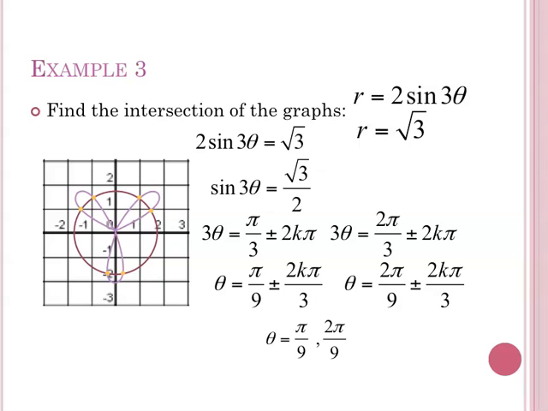So we should be able to find 4 more angle measures between 0 and 2 pi. So take that first one, pi over 9 plus 2k pi over 3, plug in 1 for k, so you're adding 2 pi over 3, which is the same as 6 pi over 9, so pi over 9 plus 6 pi over 9 is 7 pi over 9.